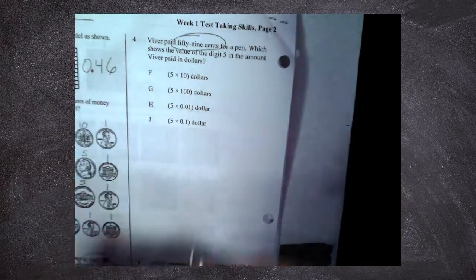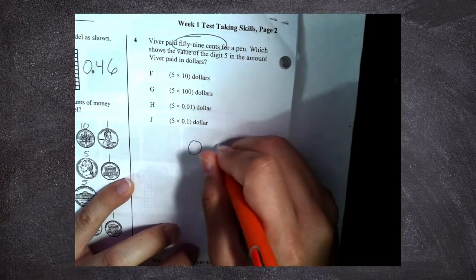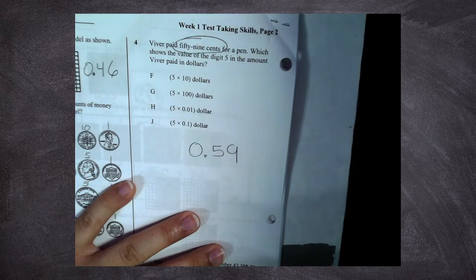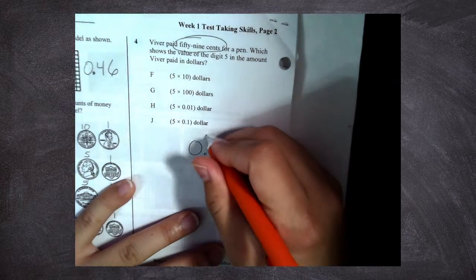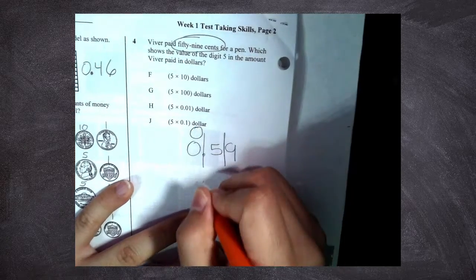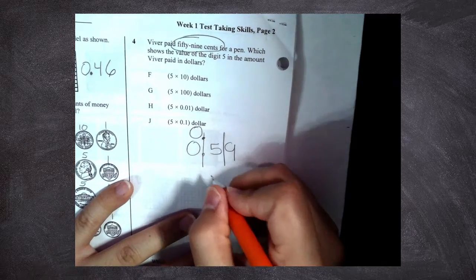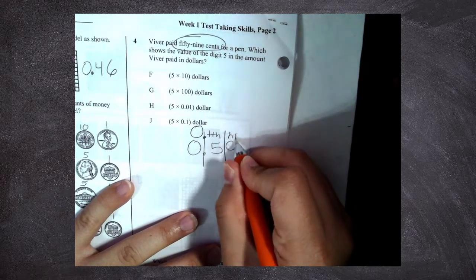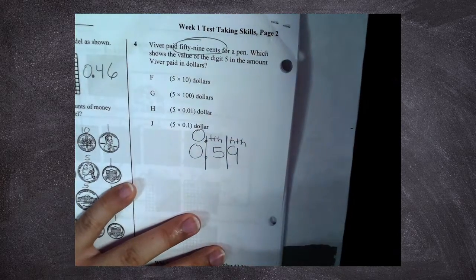Very good. 0.59. So the zero's in the ones place, the decimal. We have our tenth place and our hundredth place.